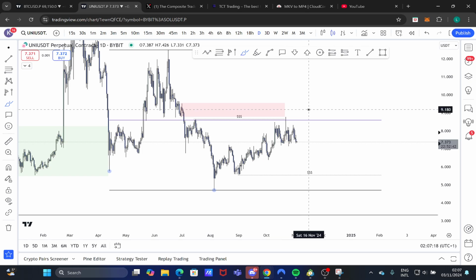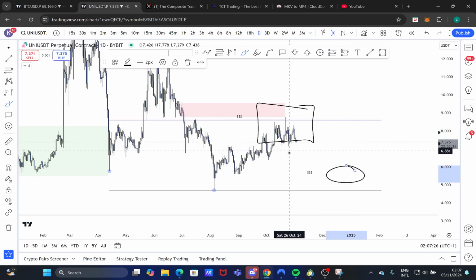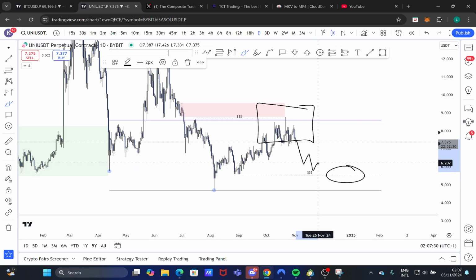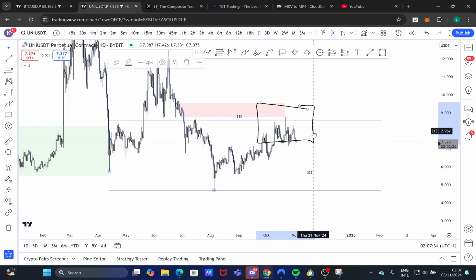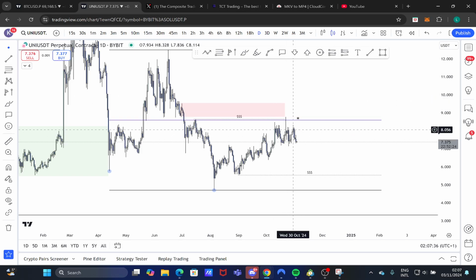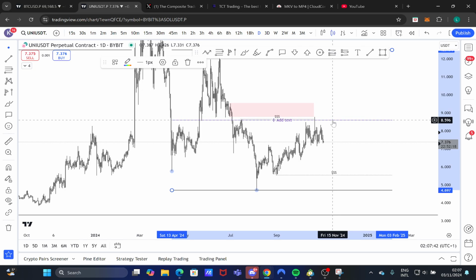So if you get a very good short opportunity in here, you can definitely take that and target potentially even 5.5, which is the first POI for major signs of strength regarding a potential accumulation. So if you get a short confirmation here, that's definitely worth taking, okay? And now, I'm already building up the short.